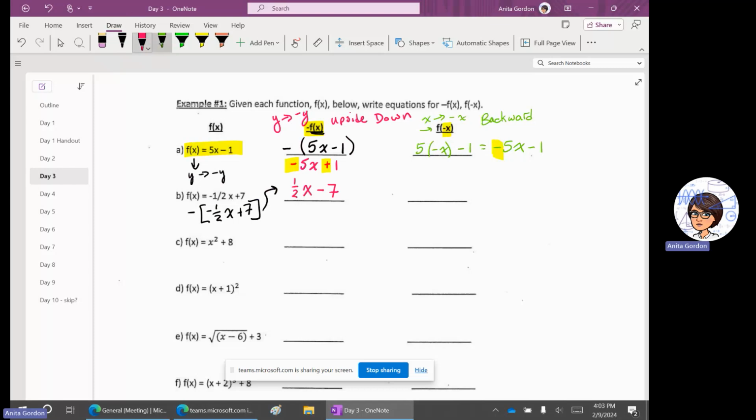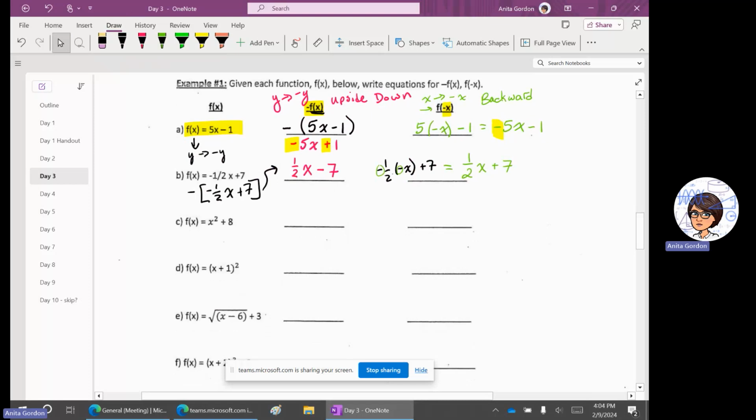When I substitute just the x, then this would be negative 1/2 bracket negative x plus 7. So then that simplifies to 1/2x positive, right? Both of them are positive because two negatives make a positive, and the plus 7 is unchanged.